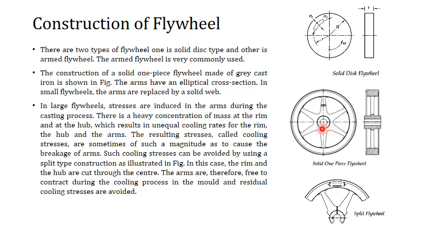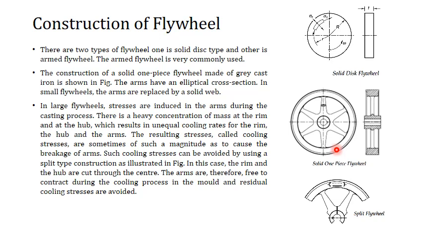Now when the size of the flywheel increases, this type of construction cannot be used, because in large flywheels stresses are induced in the arms during the casting process. There is heavy concentration of mass at the rim. This rim will consist of heavy concentration of mass.